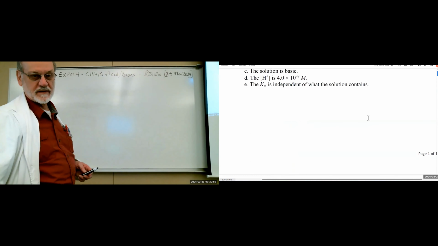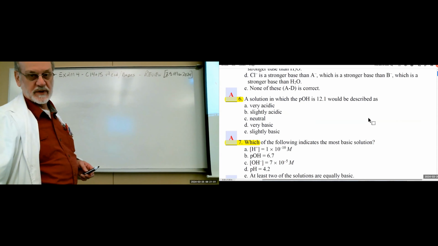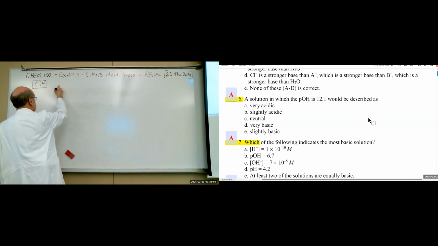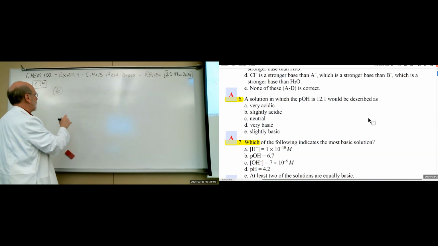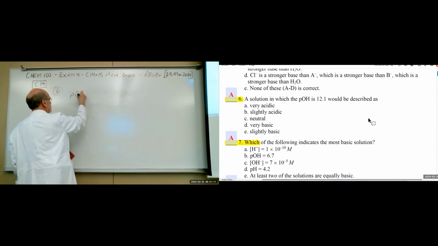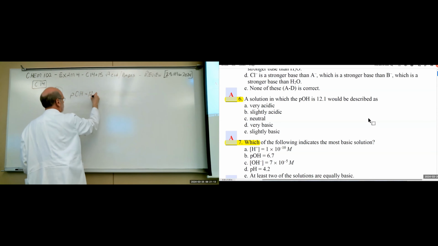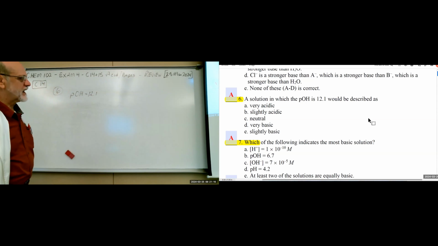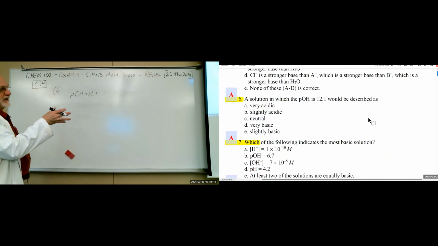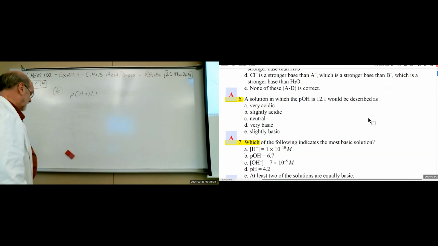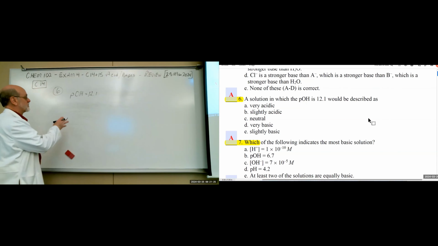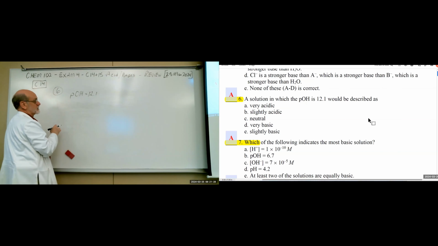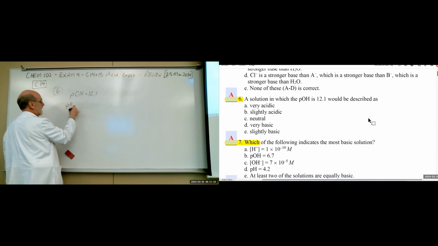All right, scroll down a little bit, pick up number 6. A solution in which the pOH is 12.1, and we're given pOH equals 12.1, would be described as acidic, neutral, basic. All right. If you don't have an intuition about how pOH works, then we would convert it to pH.